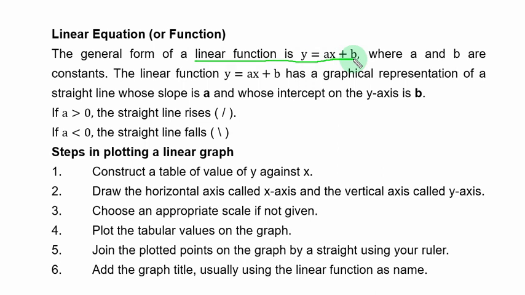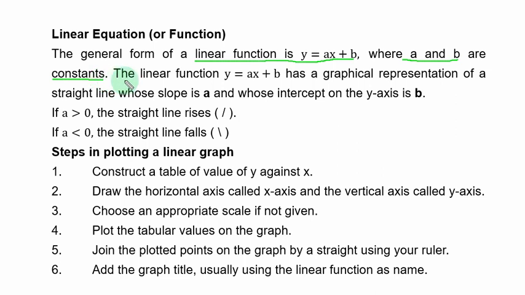Any linear equation has the form of y equal to ax plus b, where a and b are constants. Constants means numbers. a can be 2, b can be 4, and so on.